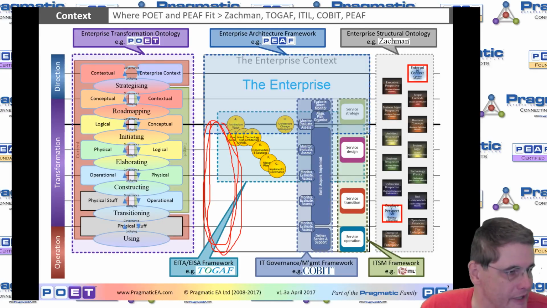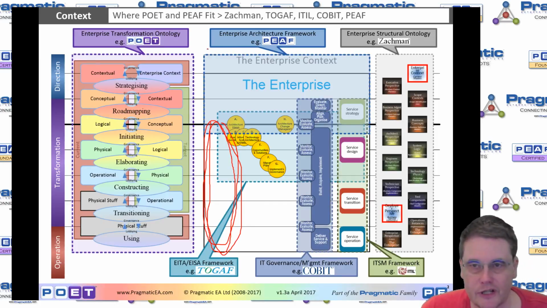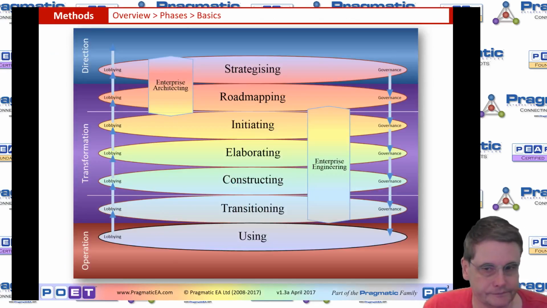What's the difference between enterprise architecture and enterprise engineering? Okay, let me jump to another slide and quickly run through these things. Strategizing is what the people in the direction part of the enterprise do. Basically, this is where business strategy or enterprise strategy is done. Road mapping is the core of enterprise architecture.